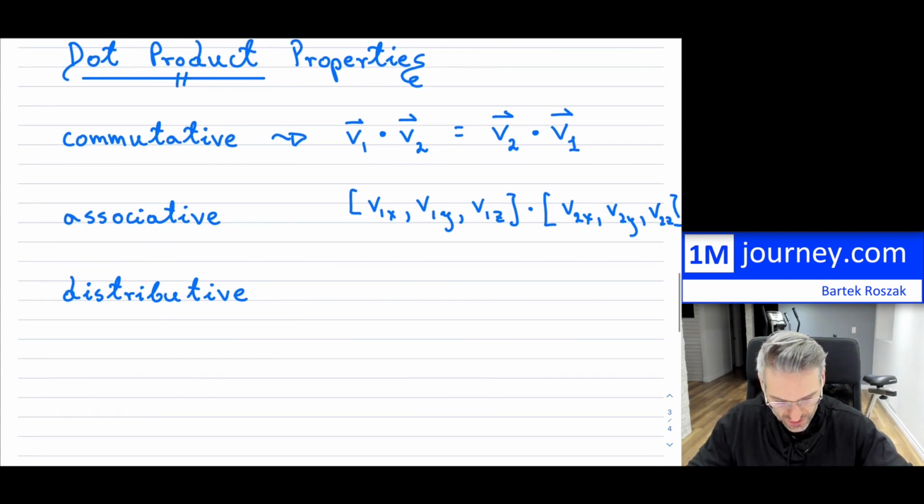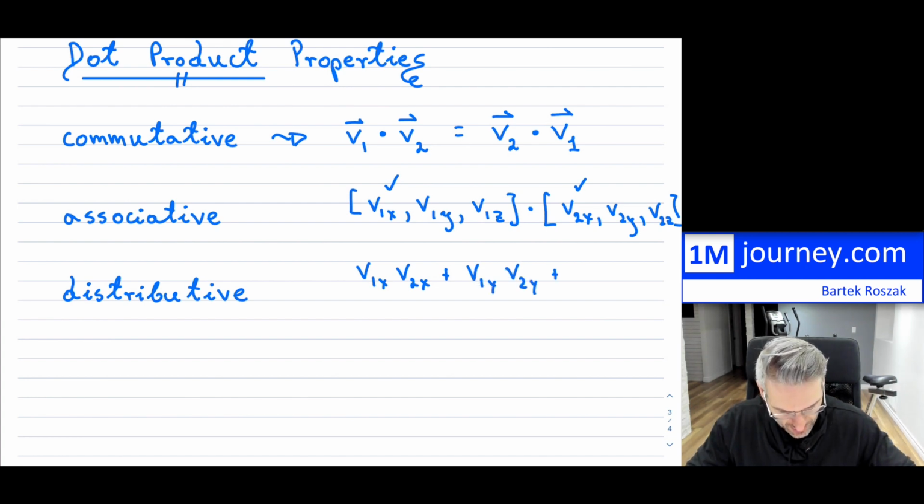The dot product is just the multiplication of each. This would be v1x multiplied by v2x, plus the same thing with the y components, and then with the z components. And that is my dot product.